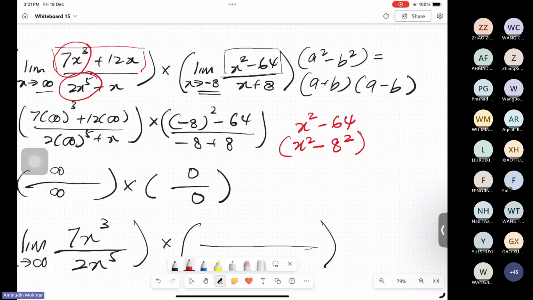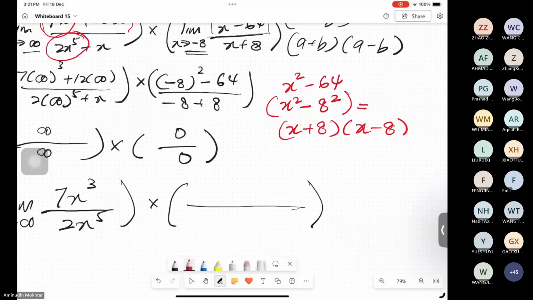So we can expand this equation. x squared minus 8 squared equals x plus 8 times x minus 8.